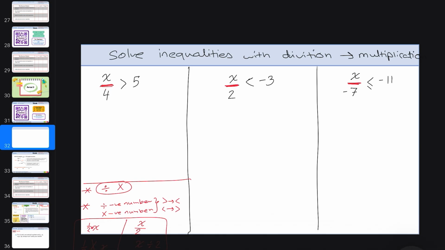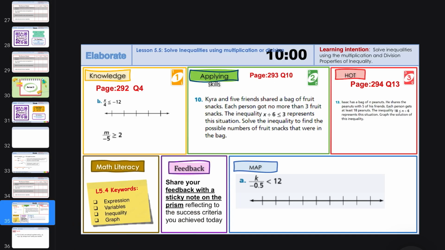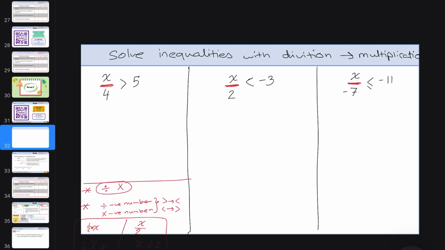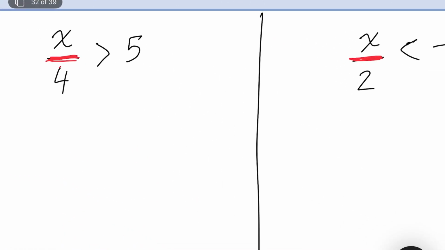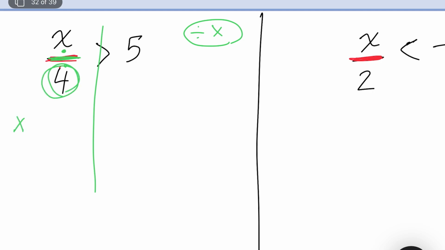So let's start solving right away. I'll solve these 3 direct questions. Let's start with the very basic one. I have x/4. Since it's over the number, there's a division. Draw the line to separate the two sides of the inequality. To cancel division, I use multiplication, so I multiply by 4 on both sides.